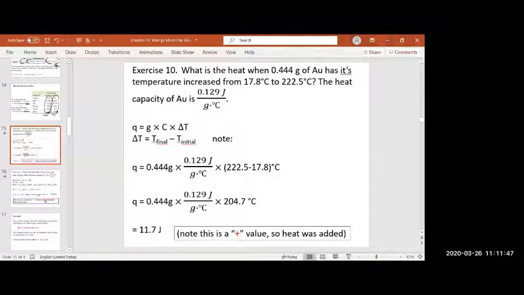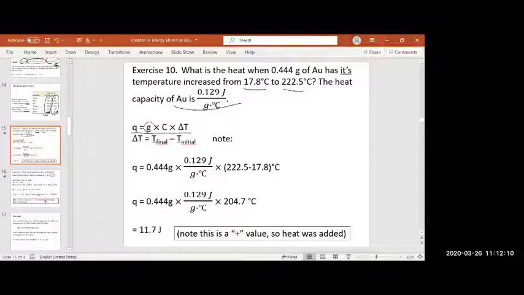Here we have one example. What is the heat? 1.44 grams of gold has its temperature increased from 17.8 to 222.5 Celsius degree. And the heat capacity for the gold is this amount. So here you will use this equation.